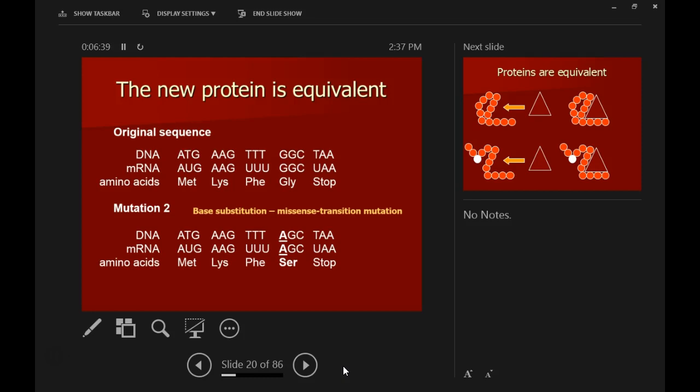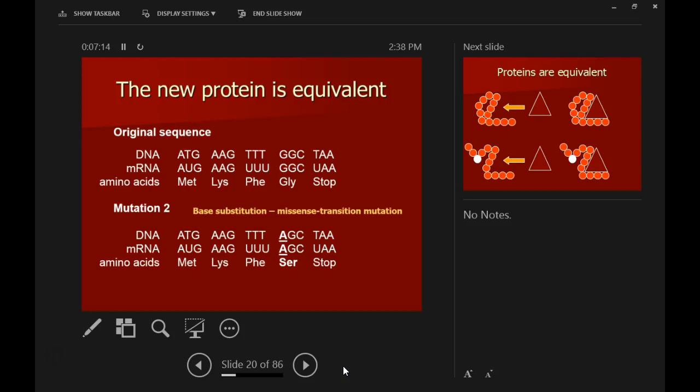So transition mutations occur when we have, for example, a purine substituted for another purine, or a pyrimidine substituted for a pyrimidine.